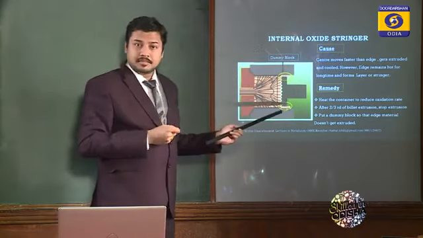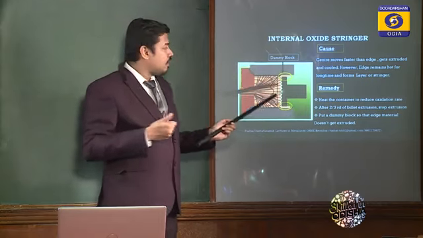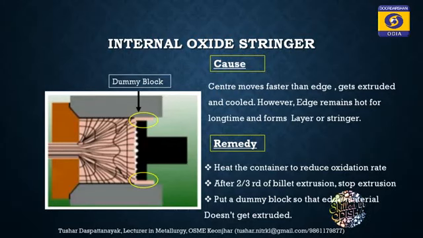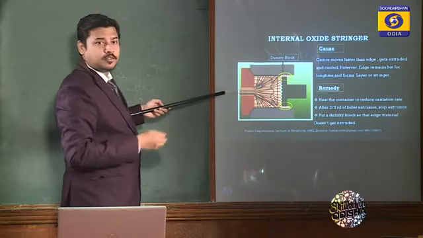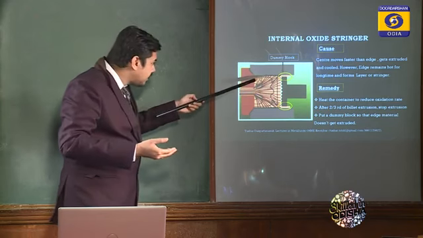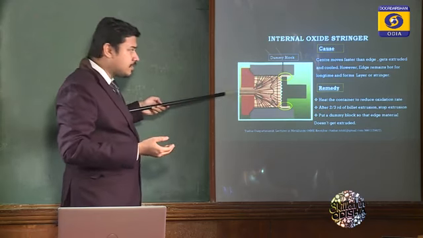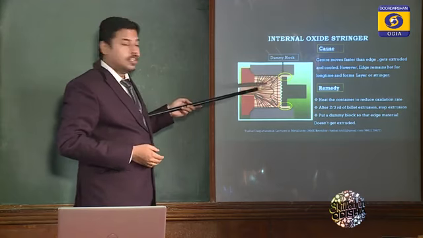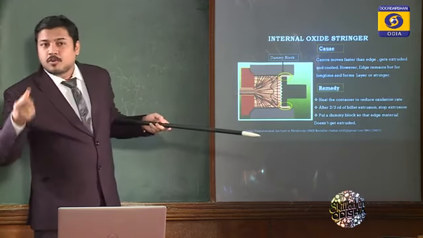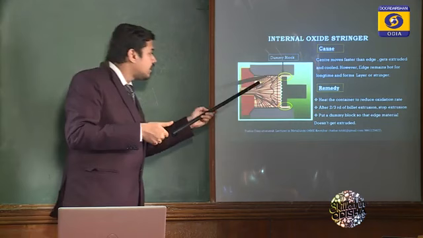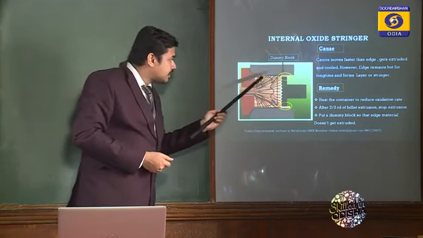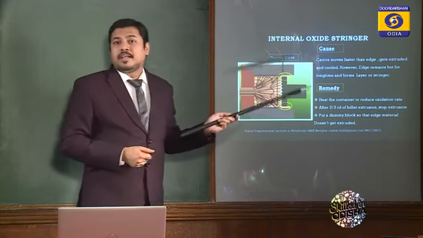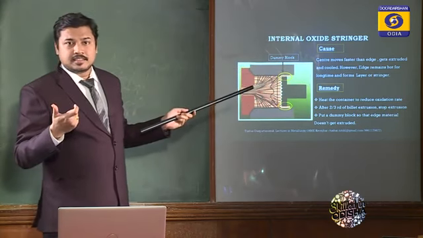How does it form in case of extrusion? As the force is applied from the back side, the center material comes out early, then the edge material. So the edge material gets colder faster than the center material. So there is a chance this edge material becomes oxidized.